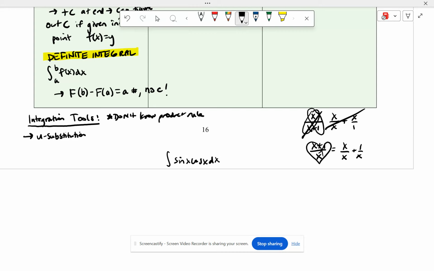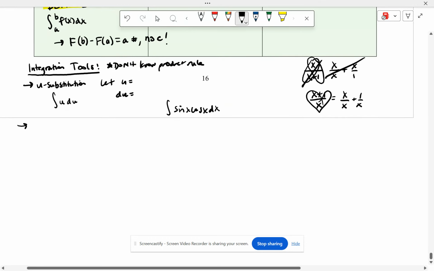Because their relationship is that one is the derivative of the other. So even though it looks like a product and you're like, oh man, I don't know a product rule in integration, you can use u substitution, and that makes it a very easy integral now, right? So if you see products, there's probably an easier way. So you let u equal, let du equal, and you rewrite the integral u du. Don't forget your du's. You guys forget them. You think they're optional. They are not. Put those du's and dx's in there, okay?